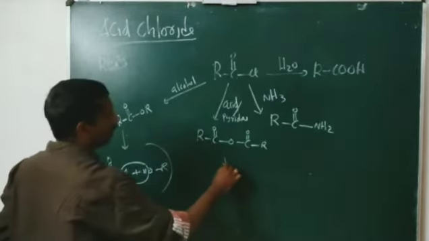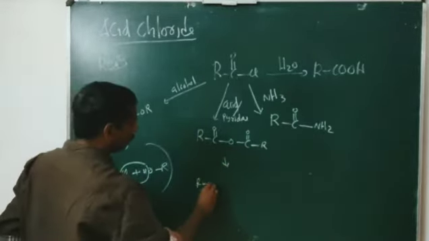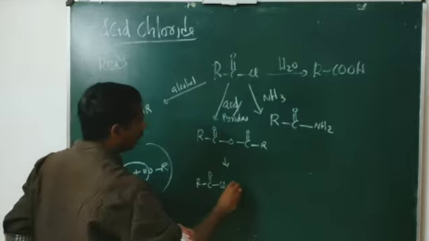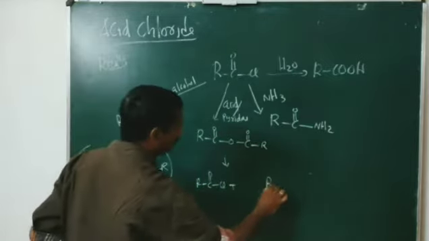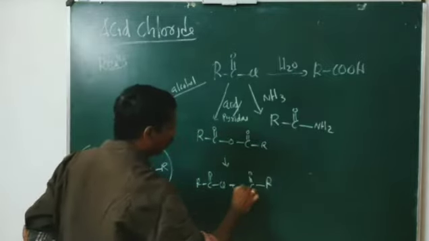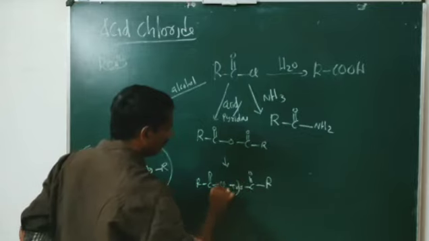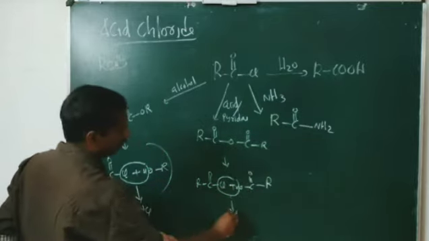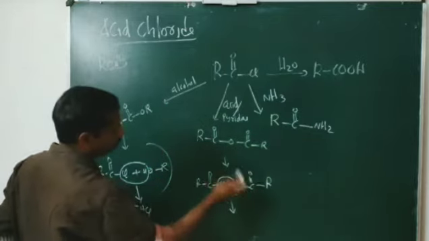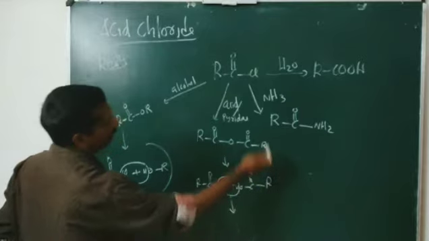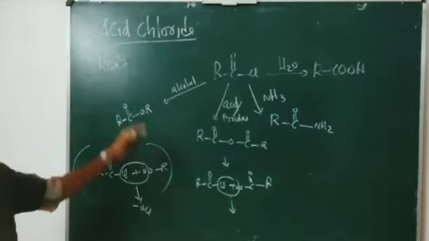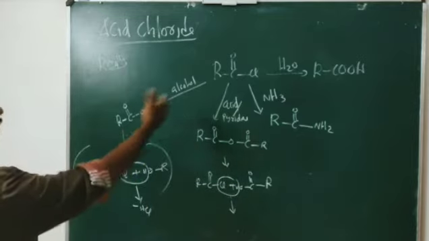And how do you get anhydride? RCOCl plus acid, RC double bond OH, HCl is eliminated, and you get RCOOCOR.